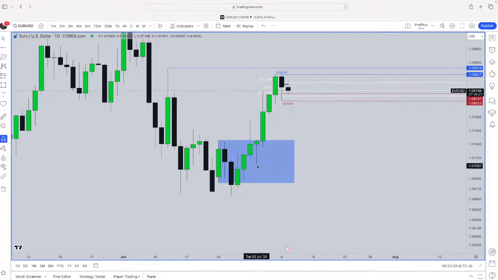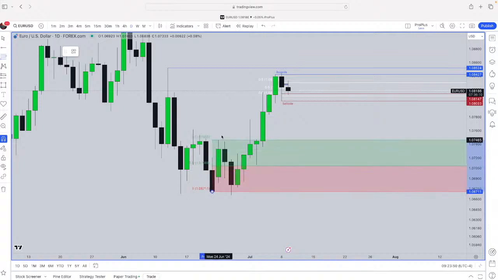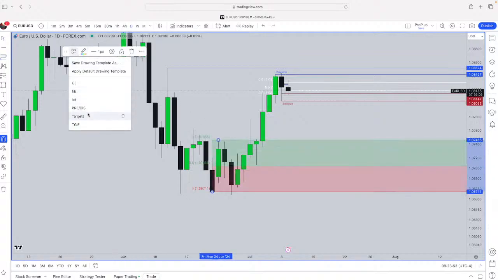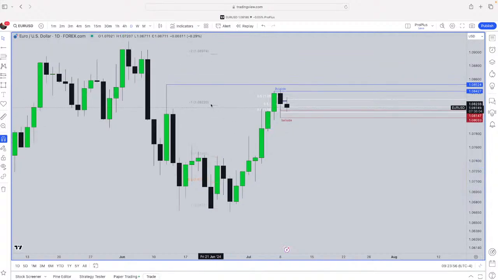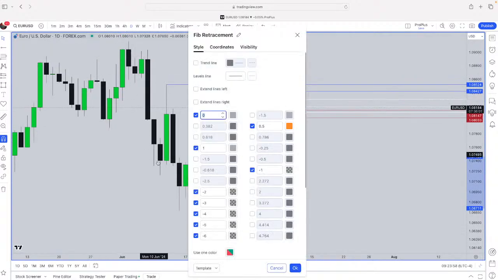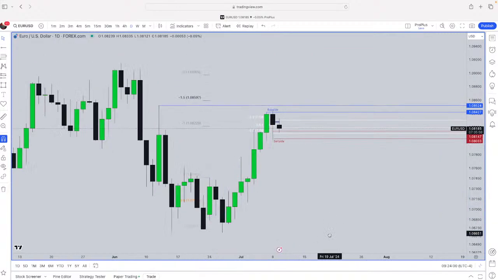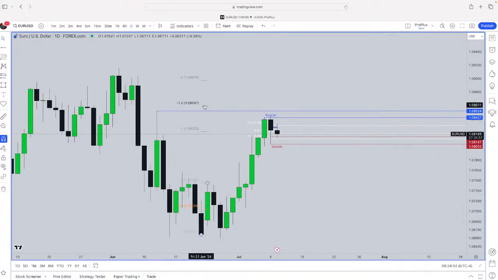That's the breaker, midpoint here. So high, low, low, high, high, from this low to this high. Get the standard deviation, and then get just a half as well. So that could be another draw on liquidity here.